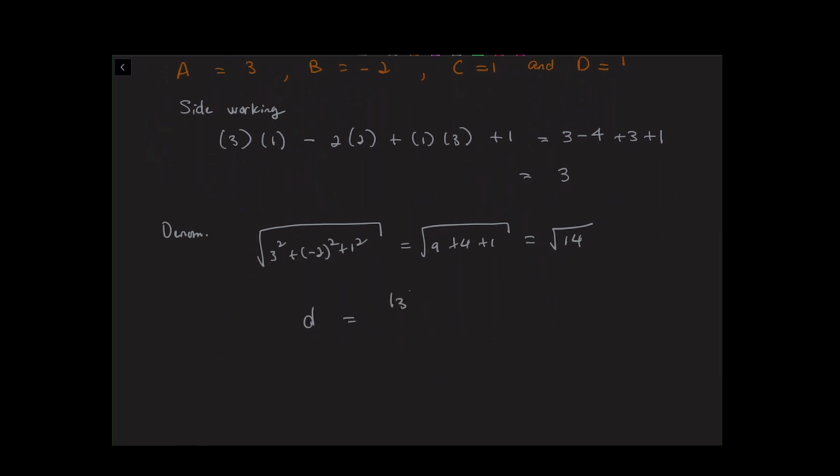We get the absolute value of 1 all over root 14, which is equal to 1 all over root 14. Okay, so that is our distance here. If you want, it's optional, you could rationalize and multiply numerator and denominator, top and bottom, by root 14, but it's not necessary here.